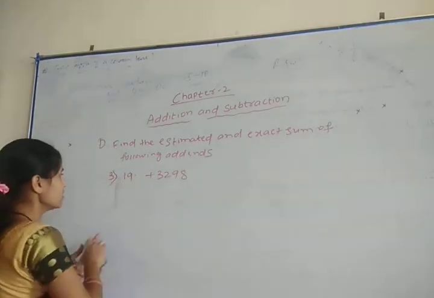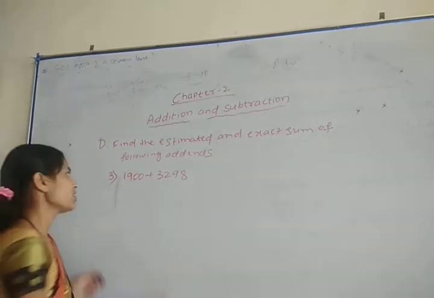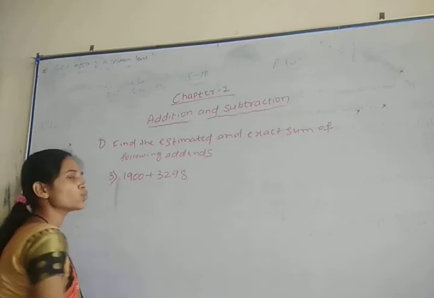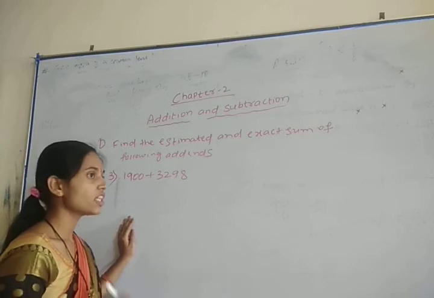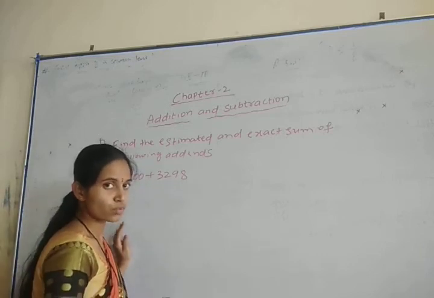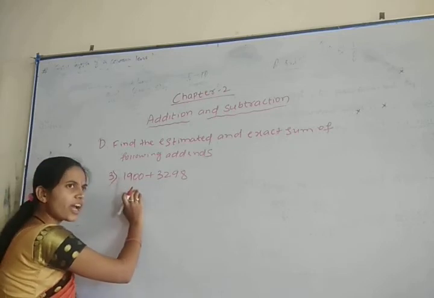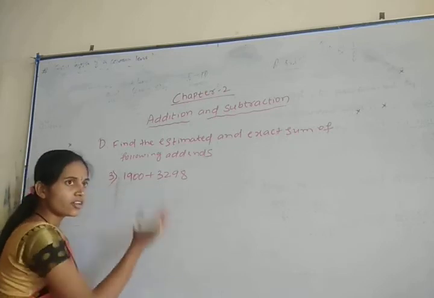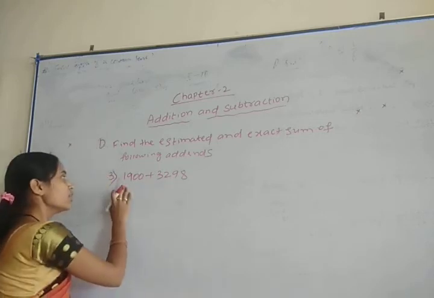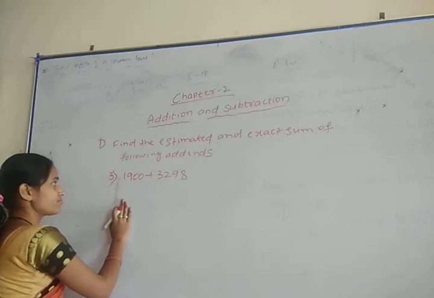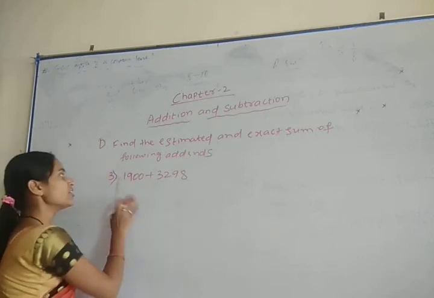Now tell me, students, whether 1900 is nearer to 2000 or to 1000. 1900 is nearer to 2000, because if we add 100 to 1900 we reach 2000. If we delete 900 from 1900, then we will get 1000.